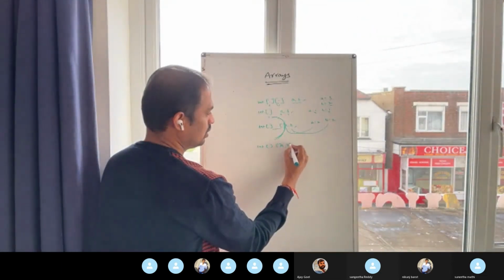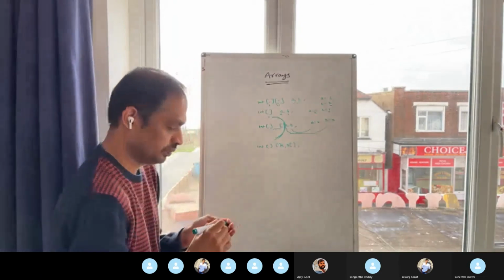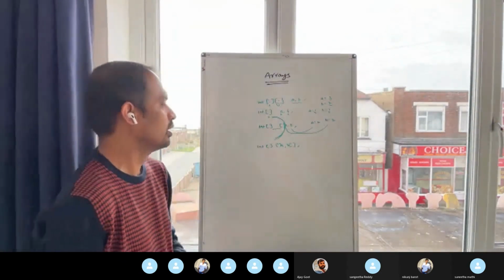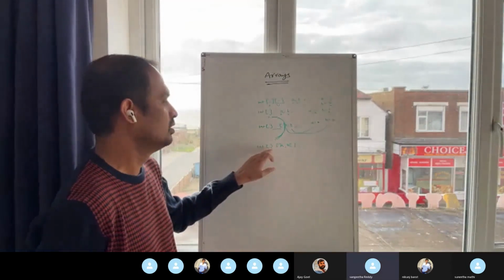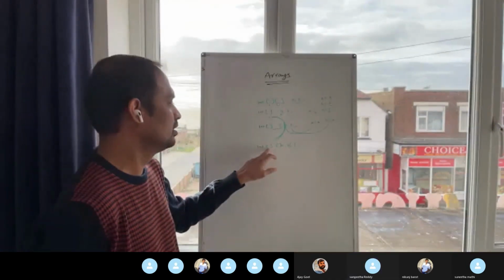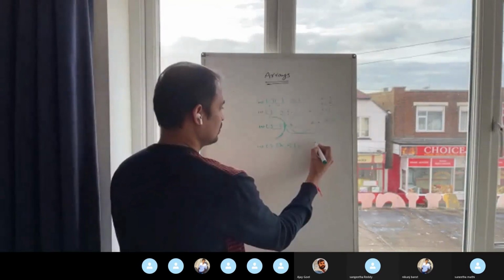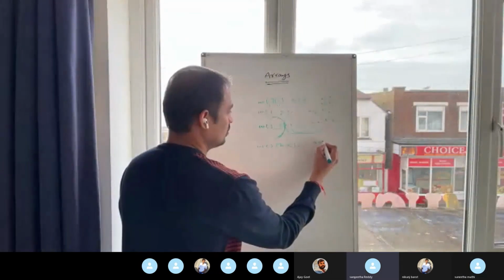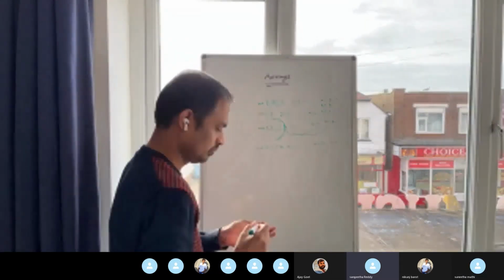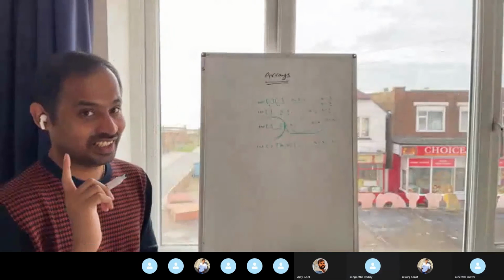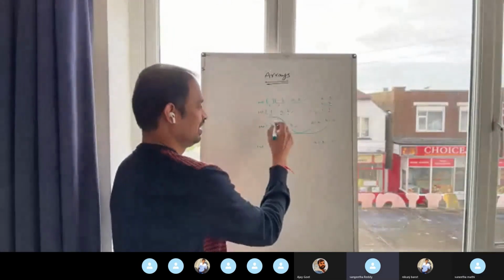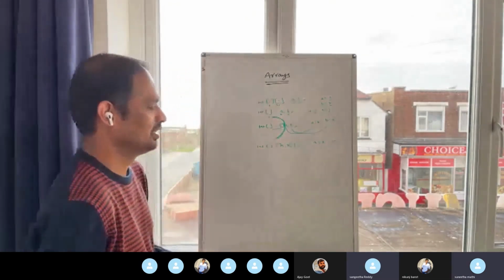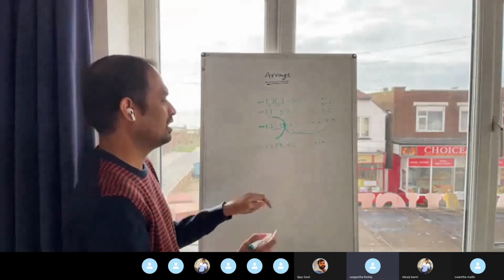Okay. So now, what happens now? Int A equals, A is 2, B is 2. But what about this index?